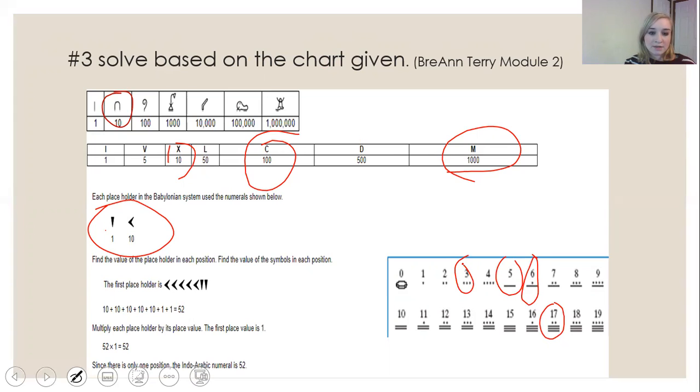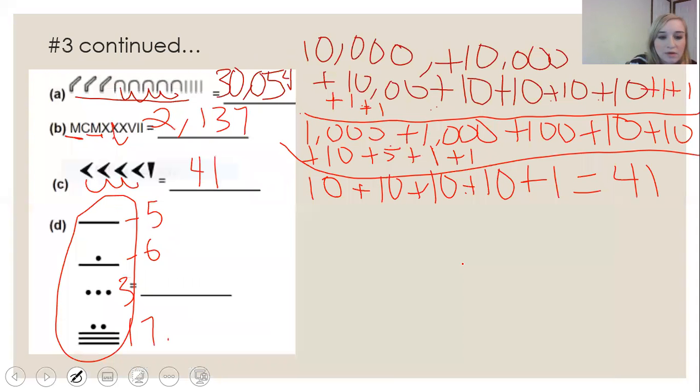But it also says that what we have to do is multiply each number by these numbers.